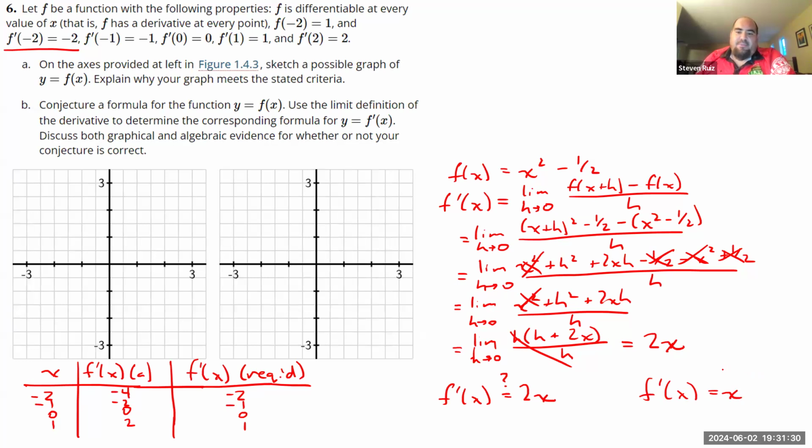In both cases, we got something linear. The derivative is linear, which is going to lead us to a parabola, which is what we constructed in the first part. So I'm not as concerned with the idea, can you get the exact derivative based on this very limited data? But hopefully this makes sense, kind of how we're walking through it.